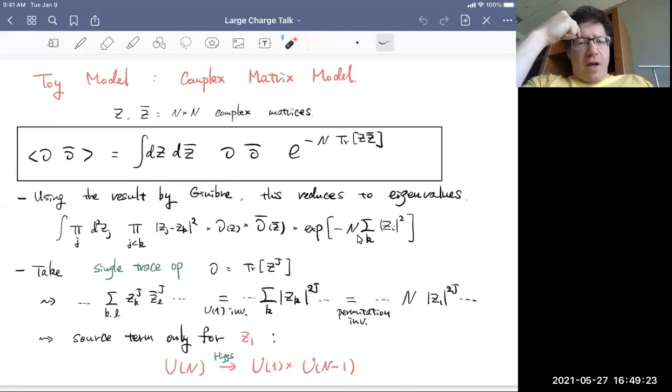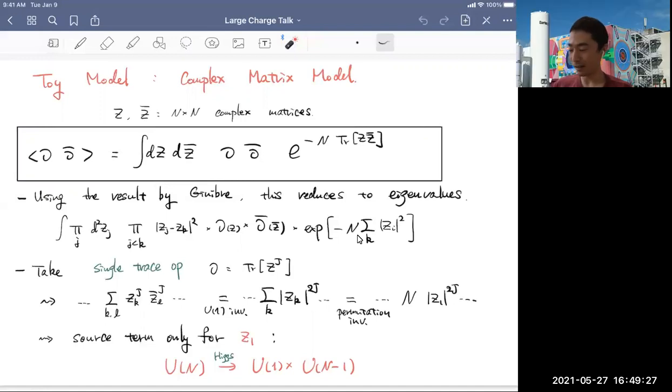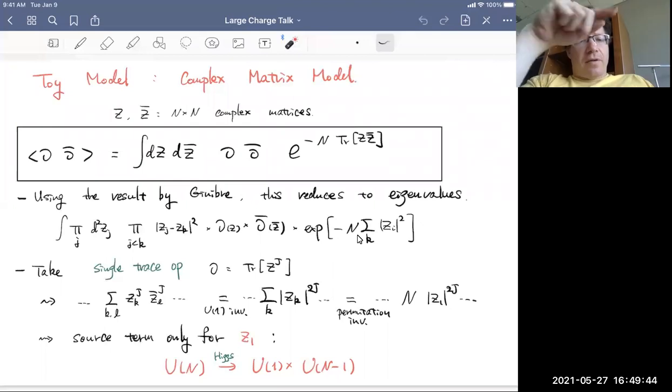But the matrix Z is not diagonalizable. It's not diagonalizable, but you can make it upper triangular for this particular action of the Gaussian. So this runs over the entries on the diagonal?